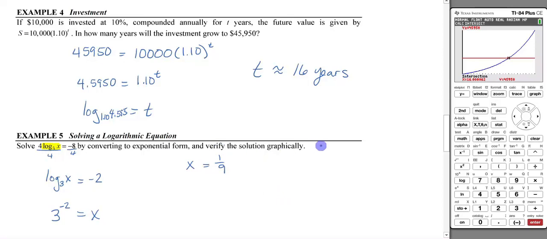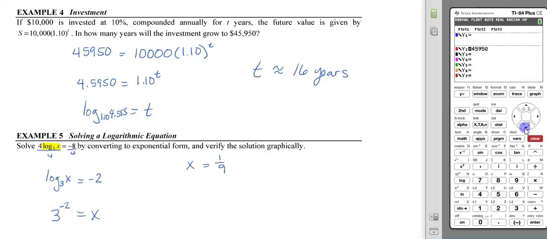Again, let's verify this solution graphically. Go to your equation editor, type in 4 times the log. This is a base 3, so we're going to go with either using the log base button, or you can use your change of base formula.